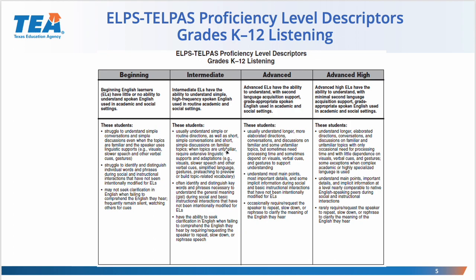When topics are unfamiliar, that's when they're going to need a lot more support, right? Unfamiliar meaning not a social setting. Then when you move into advanced, they usually understand longer, more elaborate directions and some unfamiliar topics, but still support is needed. And you'll notice the level of support is reduced from intermediate to advanced.